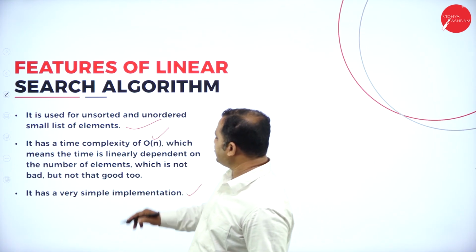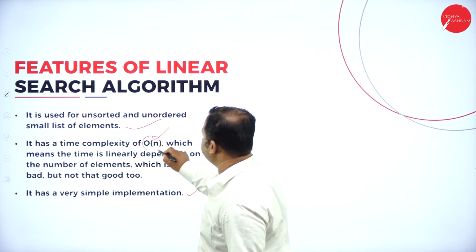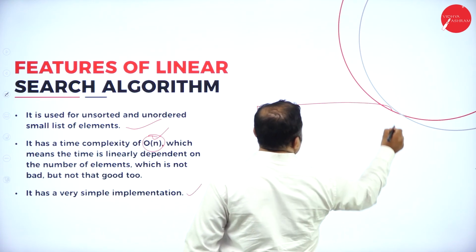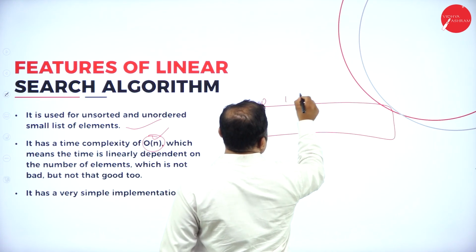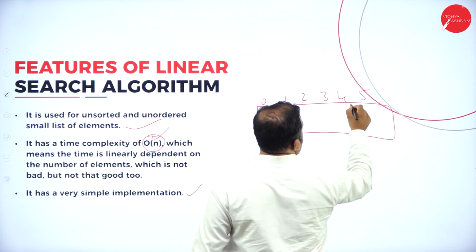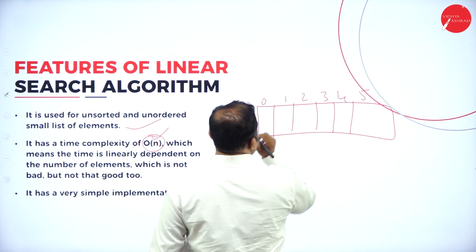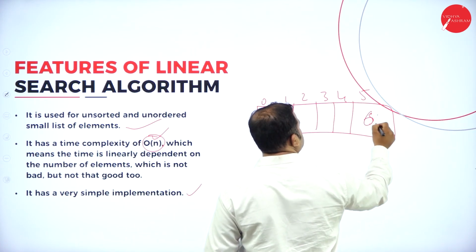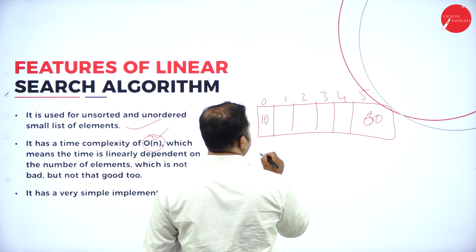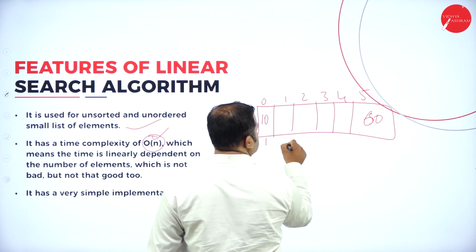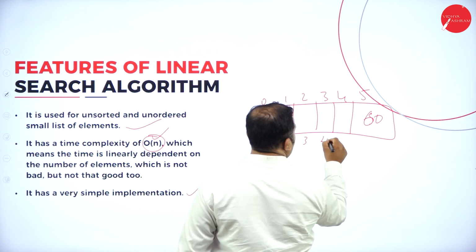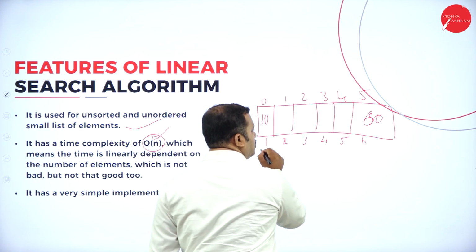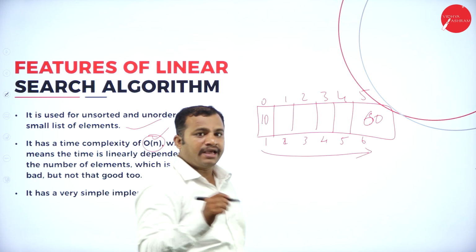Now, if you say that the linear time complexity is big O of n, what is the meaning of that? Suppose there are n elements, that is from here 0, 1, 2, 3, 4, 5, totally 6 elements. Now if I want to search the element which is present at the last location, that is 60, this is the first element, then it has to traverse first, second, third, fourth, fifth, sixth. At most, if it is present at the last location, what is the time taken to execute?